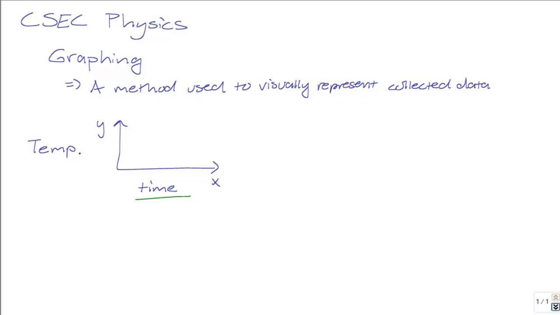This is referred to as the independent or controlling variable. It's called a controlling variable because it's the variable plotted on your x-axis that determines what happens to the variable you plot on your y-axis. The y-axis variable is referred to as the dependent or controlled variable.